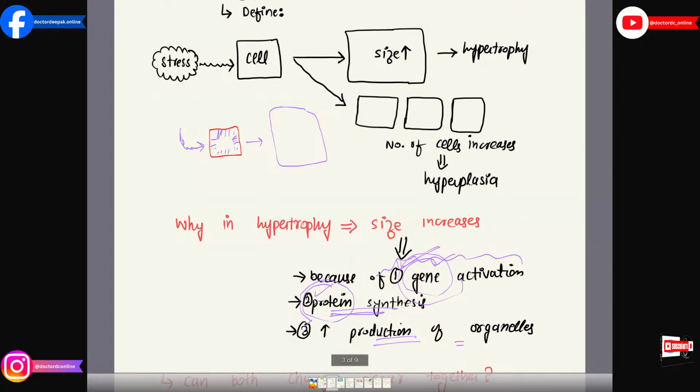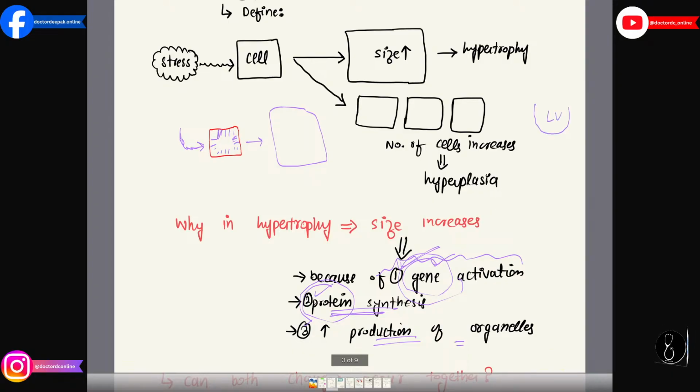Now, let's suppose they are asking you a question and they give you one example, such as a diagram. Let's suppose they show you a picture of the heart, the left ventricle, and they say this is a case of systemic hypertension. A patient has systemic hypertension, and this is the left ventricle.